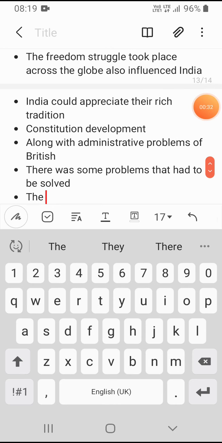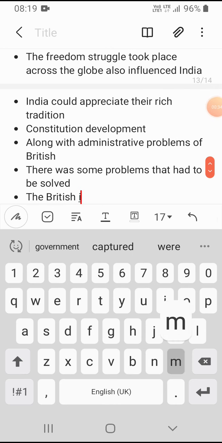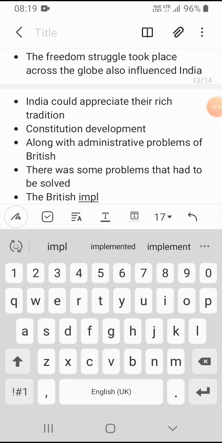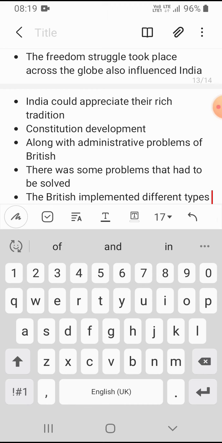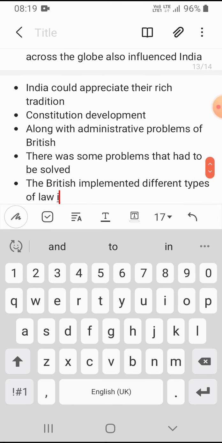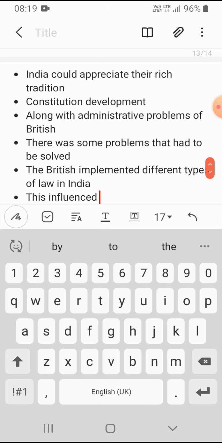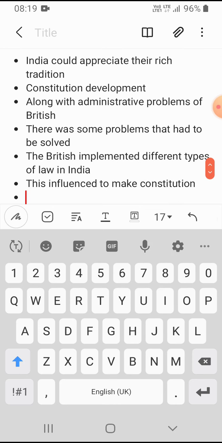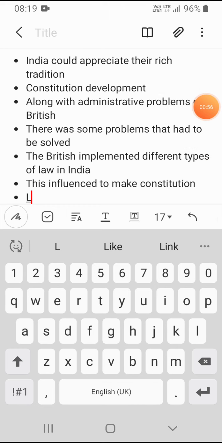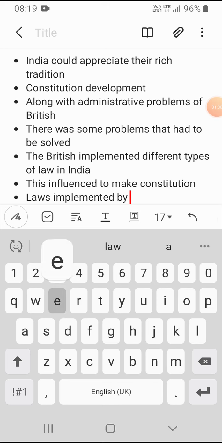So the British implemented different types of law in India. As you know, this influenced the making of the constitution. Let's know about laws implemented by the East India Company.